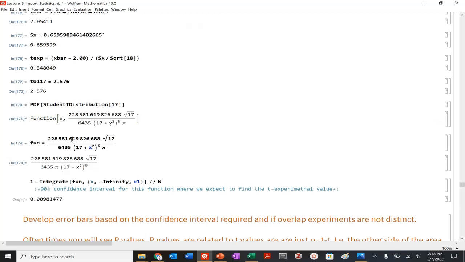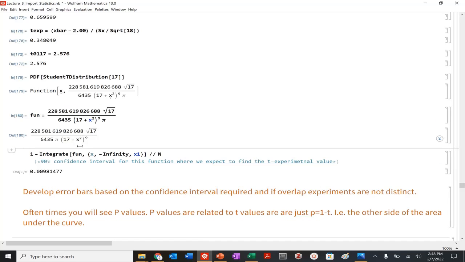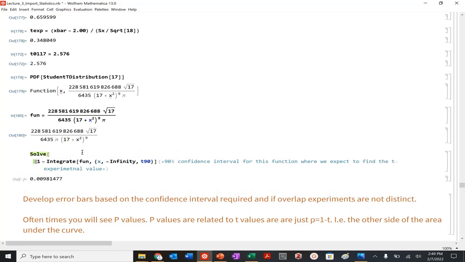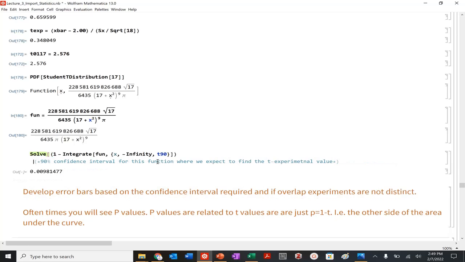I could pull out this function here that's a little bit nasty, a little bit inelegant, and now I could go ahead and solve. 90% of my data is going to fall between minus infinity and whatever that t value is, so I'm going to call it t90. When does this whole thing equal 0.9? Solve for t90. What will be my value?